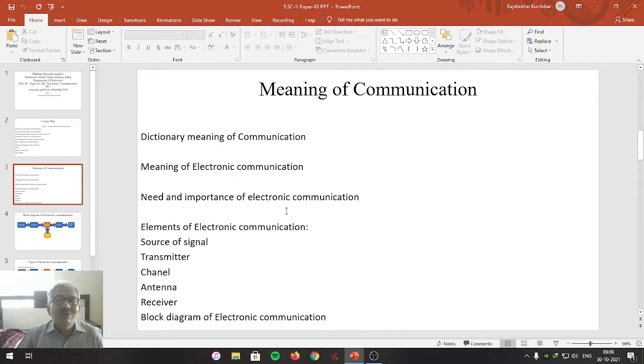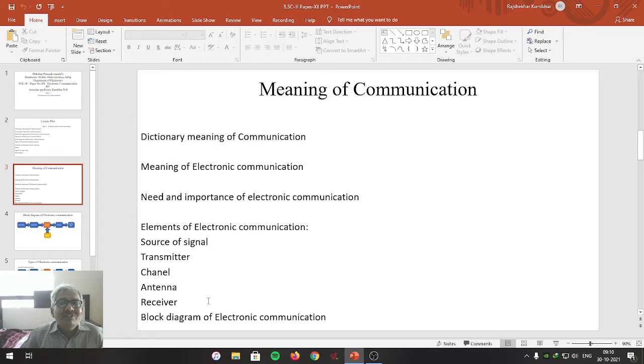Friends, we extended these aspects to study the elements which are involved in electronic communication. Those elements we covered are source of signal, transmitter, channel, antenna and receiver.